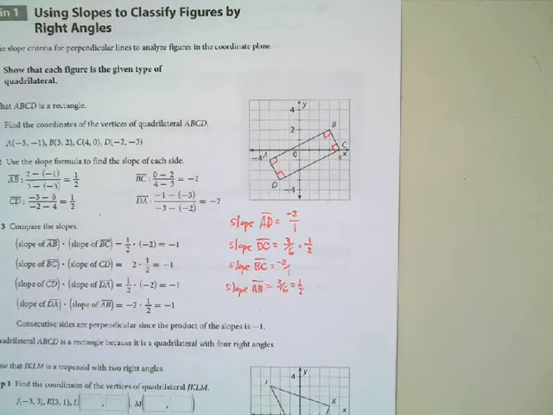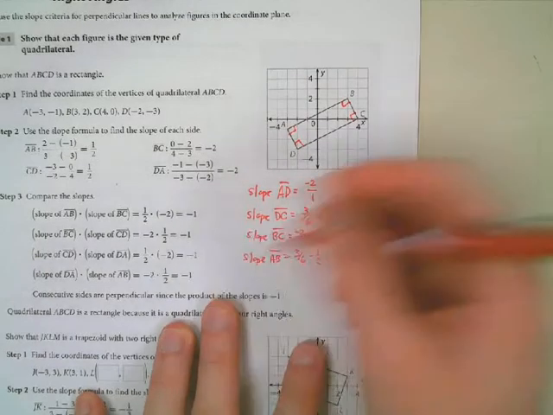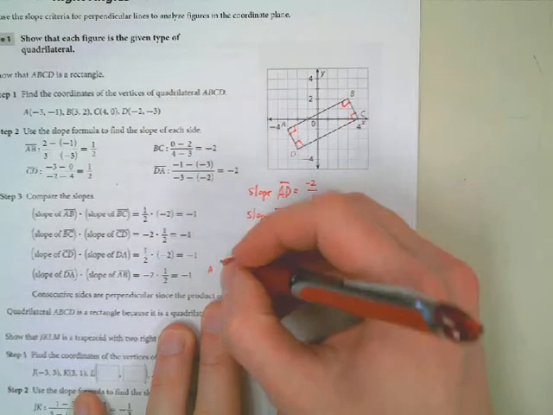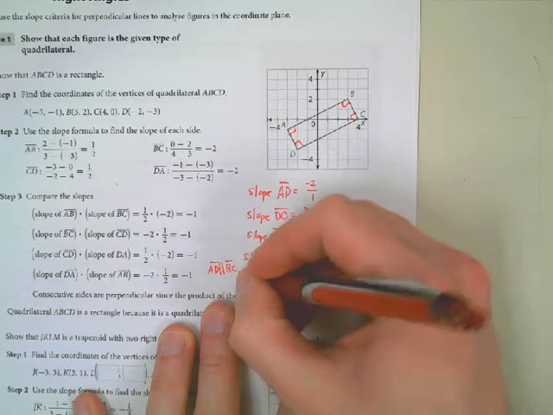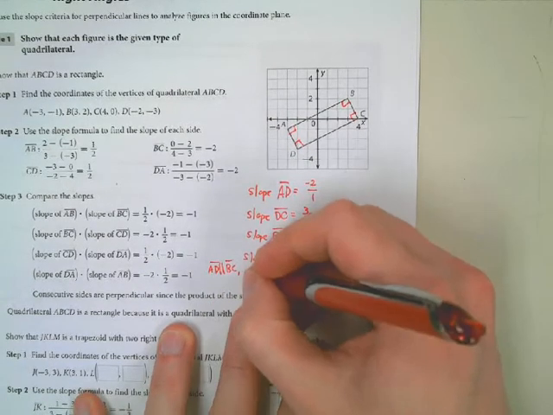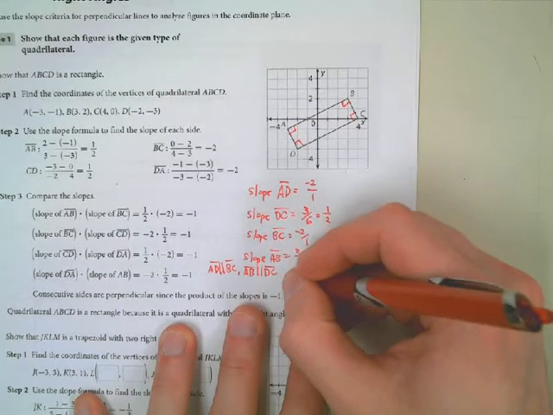So all the work is right there, okay? So we can say something like this. AD is parallel to BC, and AB is parallel to DC, so ABCD is a parallelogram.